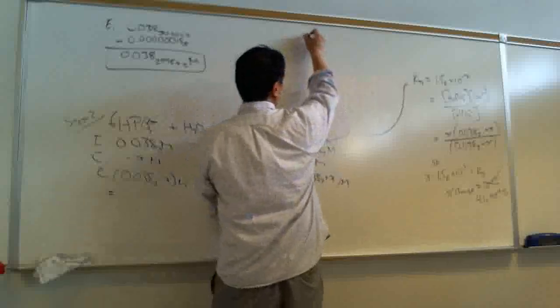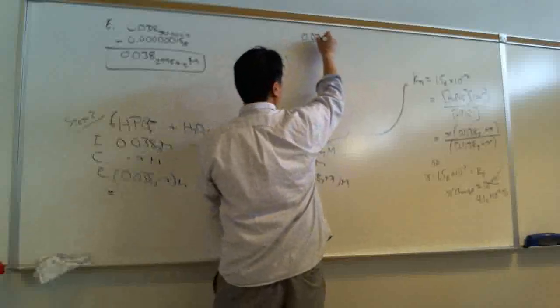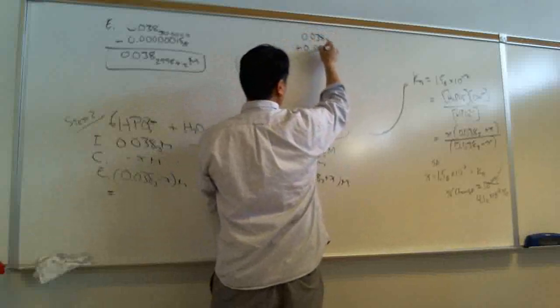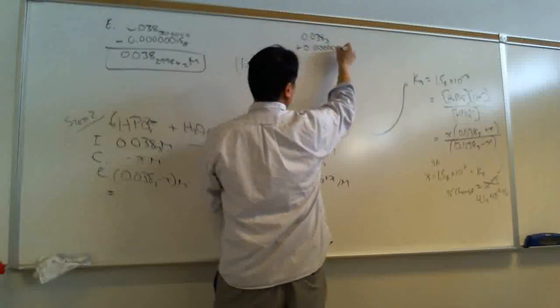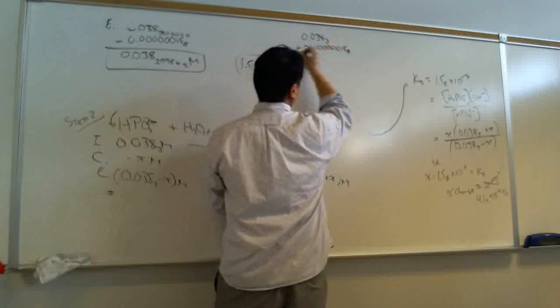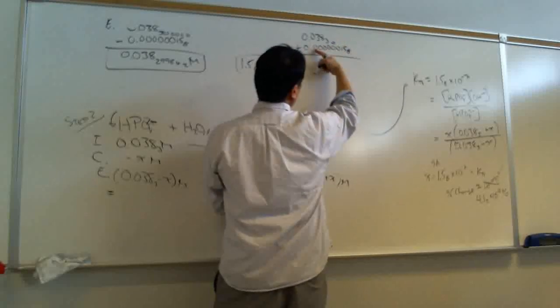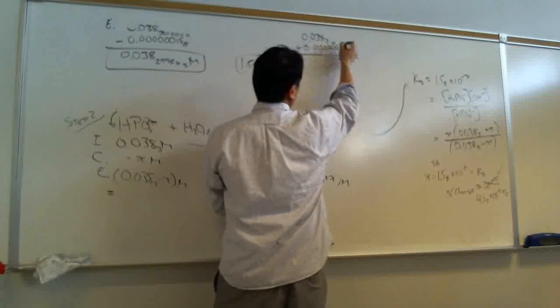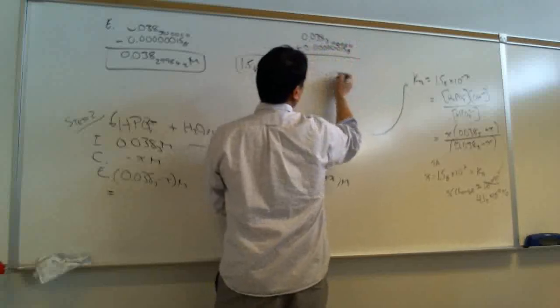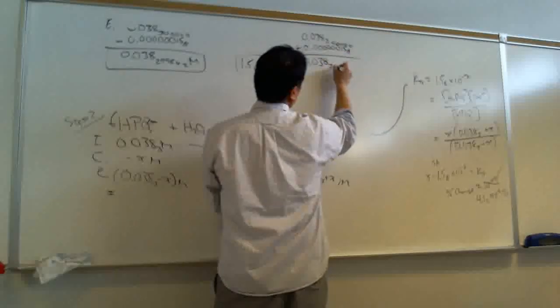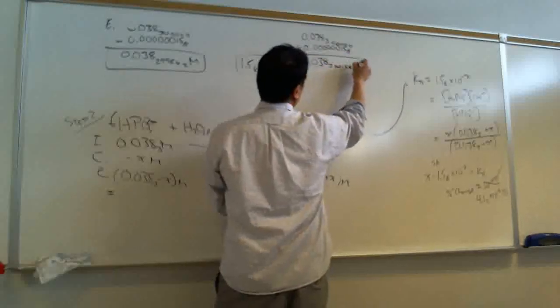So the hydroxide is going to be 0.0383 plus 0.000000158. So that's 0.0383000158.